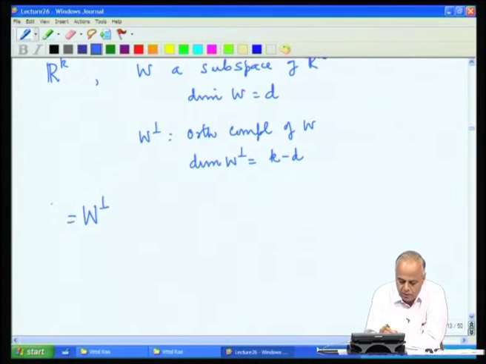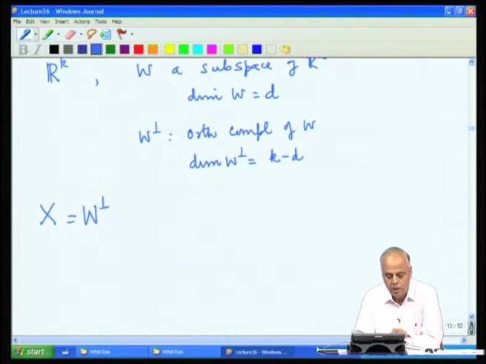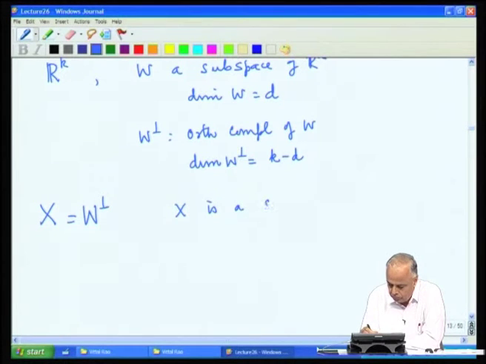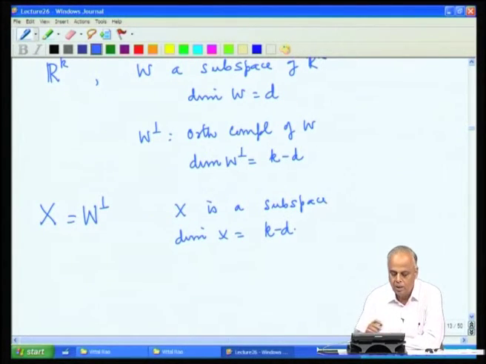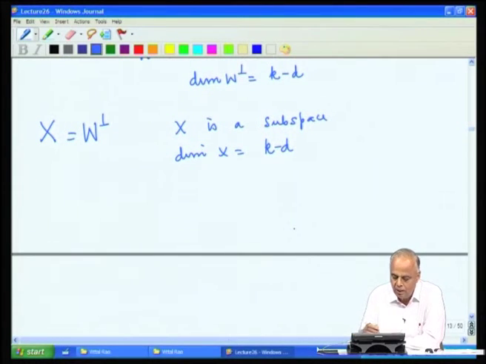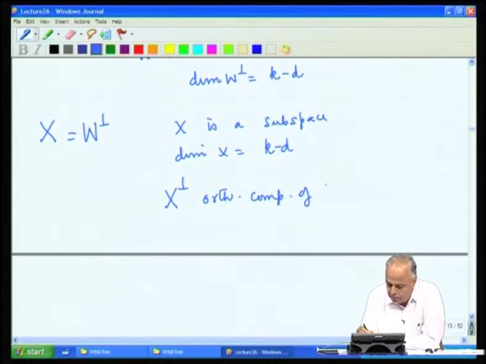Let me call X as W perp. Now, X is a subspace, the dimension of X is k minus D. Now, since X is a subspace, we can talk about X perp.